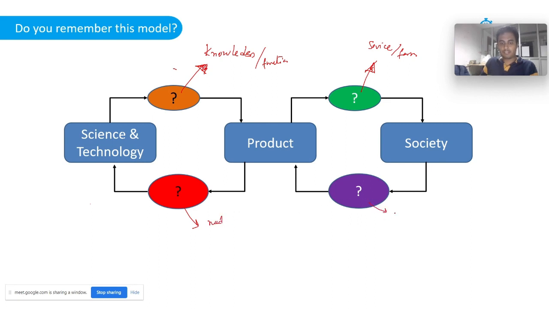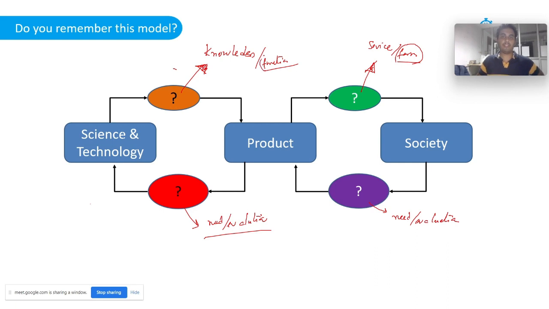Engineering function. Okay, and then need. And here evaluation. Okay. So Madhusudan, you are right. But you don't club engineering design and then needs. And again here also, when you say function, don't define function and form here because these are outcome.